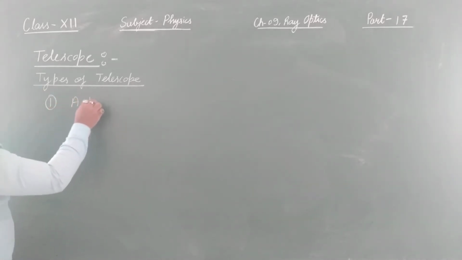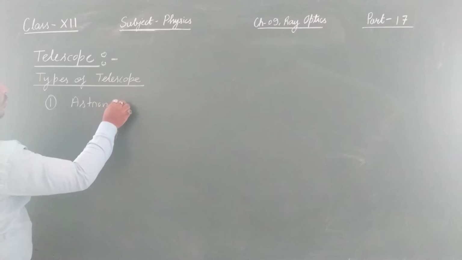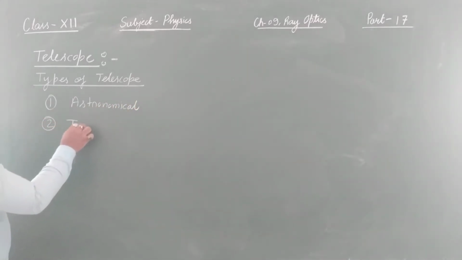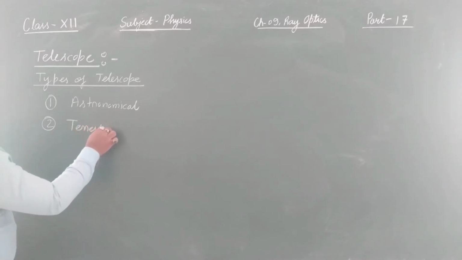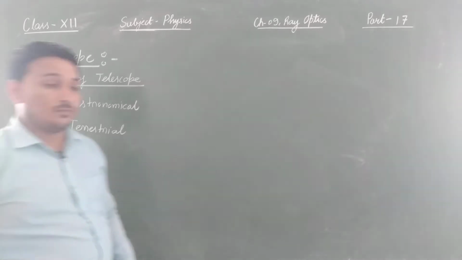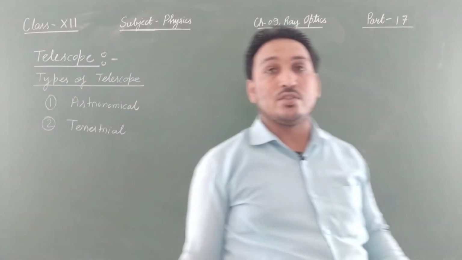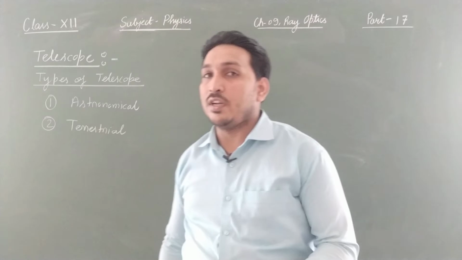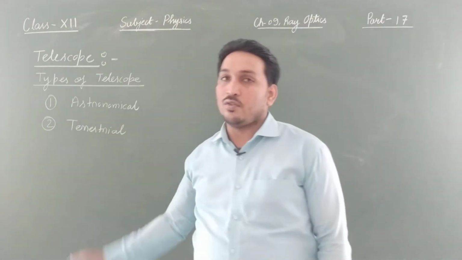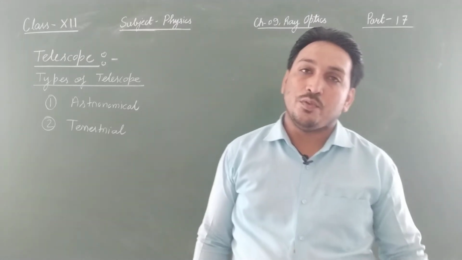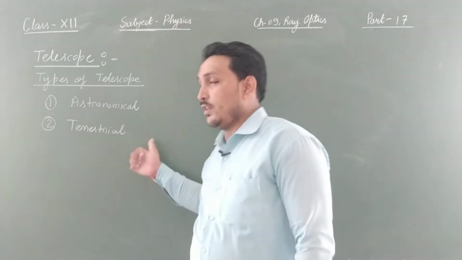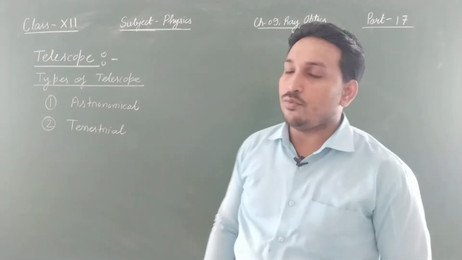One is called astronomical telescope, and the other is terrestrial telescope. Astronomical telescope, as is clear from the name, is used to view astronomical bodies like the moon, stars, planets. Terrestrial telescope is used to view distant objects on the earth itself. So binoculars are a kind of terrestrial telescope. So by use they can be divided into two categories.